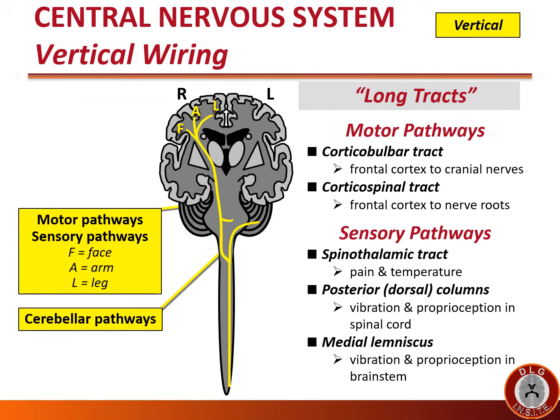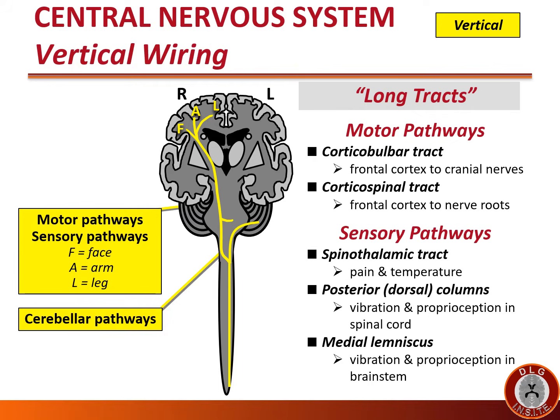The vertical wiring in the central nervous system are called long tracts, and they include motor pathways, sensory pathways, and cerebellar pathways. The motor pathways coming from the frontal cortex include the corticobulbar tract, which synapses in the brainstem on cranial nerves, and the corticospinal tract, which synapses on the anterior horn cells in the nerve roots in the spinal cord.